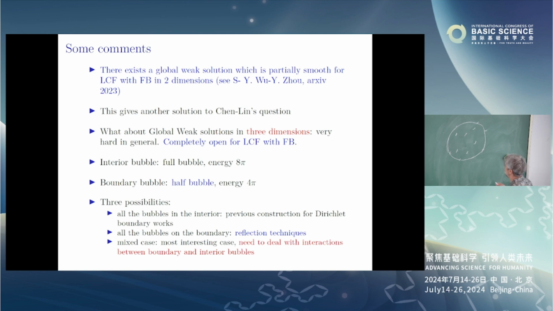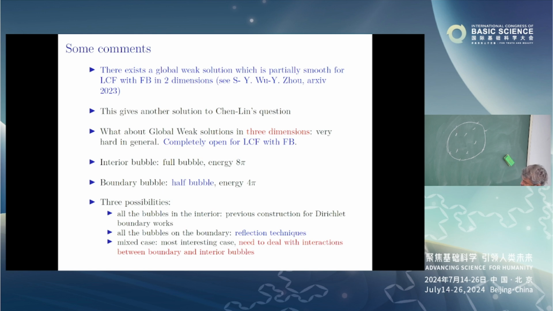The hard part, or the more interesting part, is that when you take points where you want to blow up both on the boundary and inside, then you have this sort of interaction that you have to take into account, okay? And that's what makes the thing interesting.